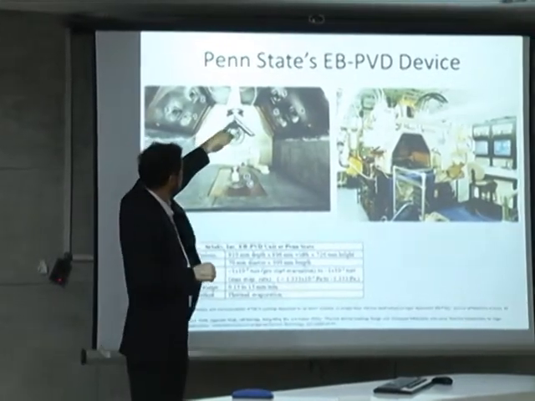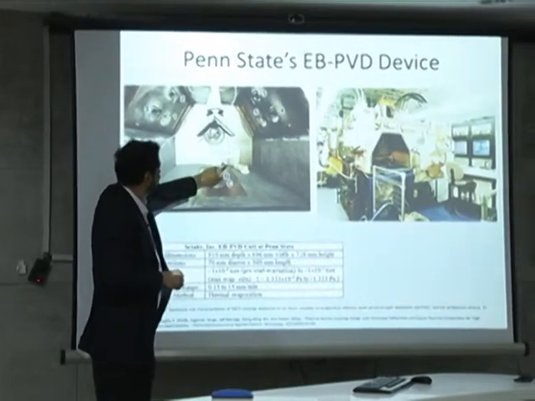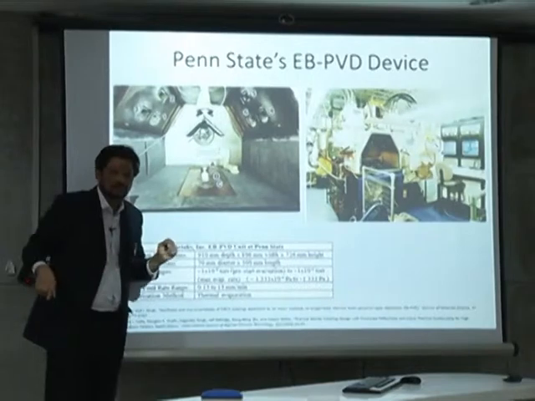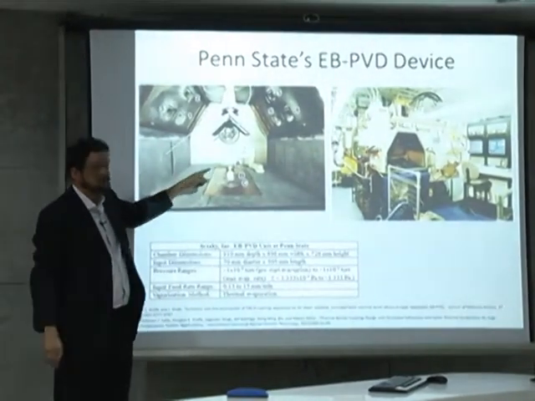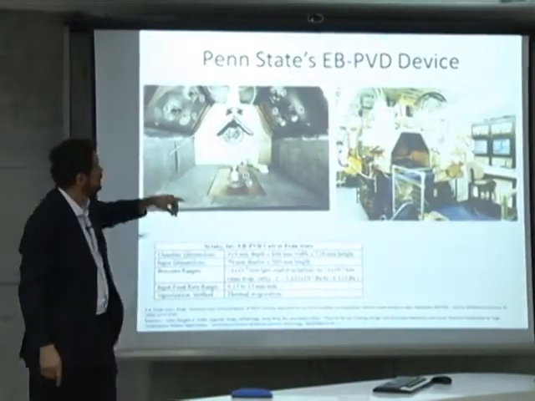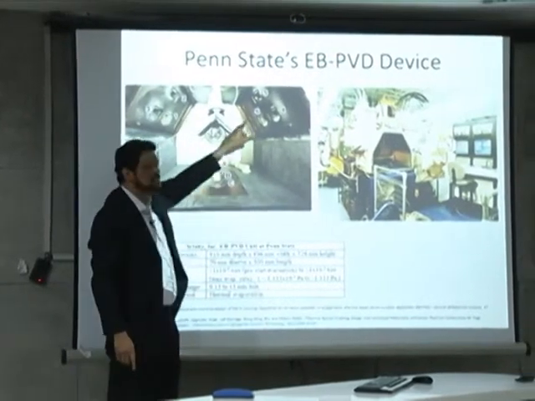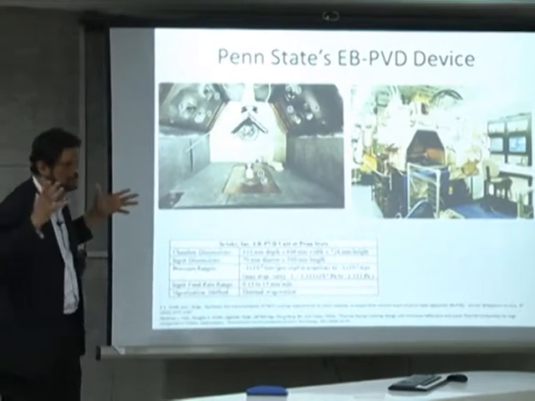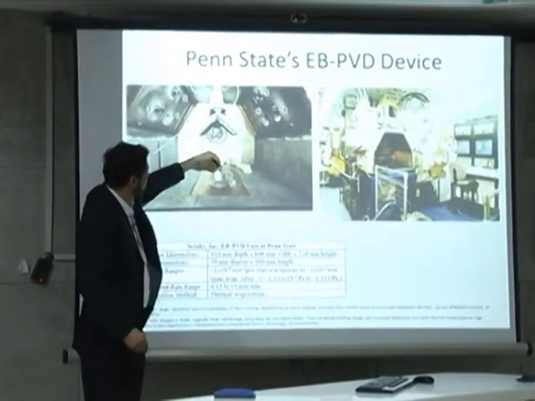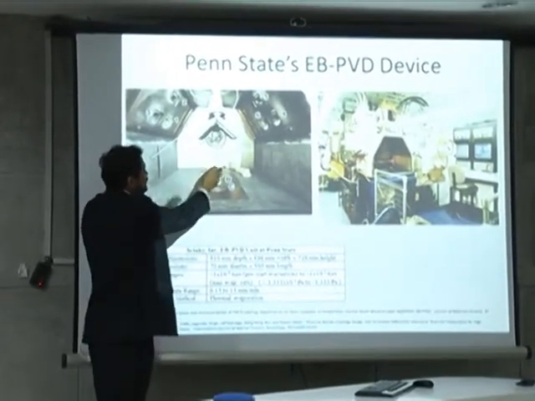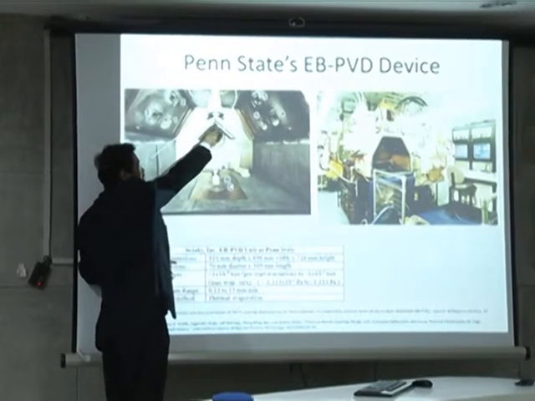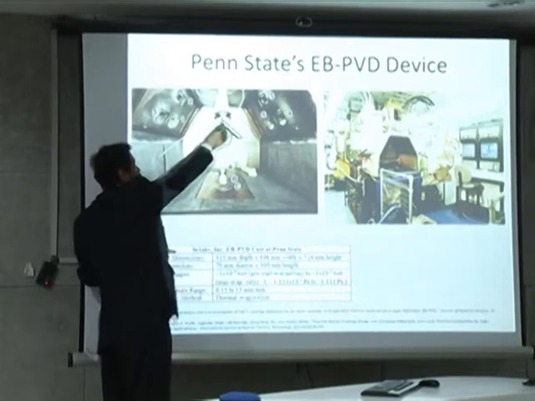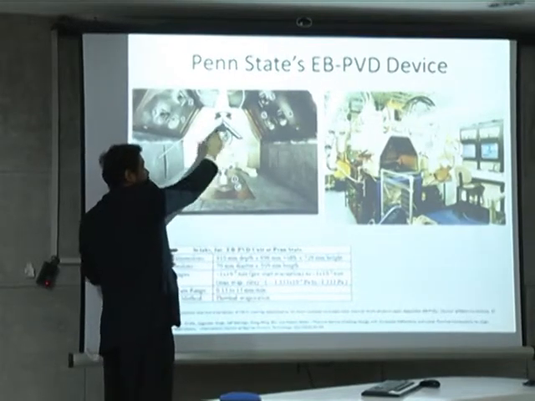Then you start evaporating A by putting the electron gun there, and this is very high power. Each electron gun here is 45 kilowatt. So you can imagine it's a huge amount of power, and you melt it, you evaporate it, and this little carbon pencil lead is spinning and keeps on evaporating on that one.